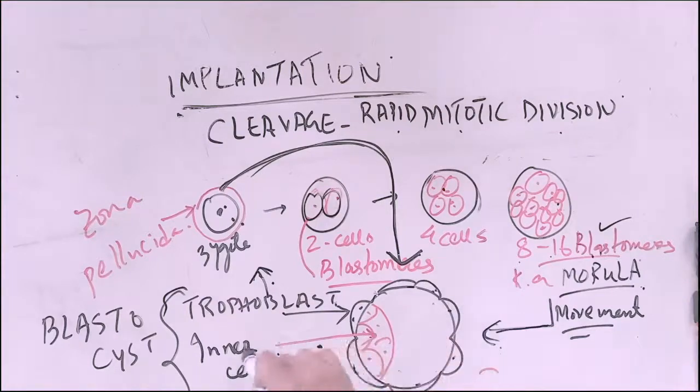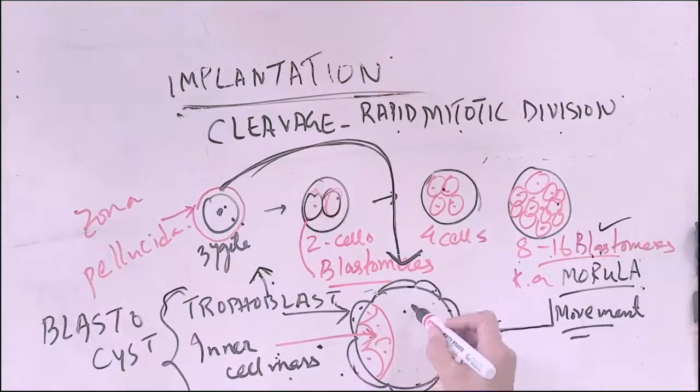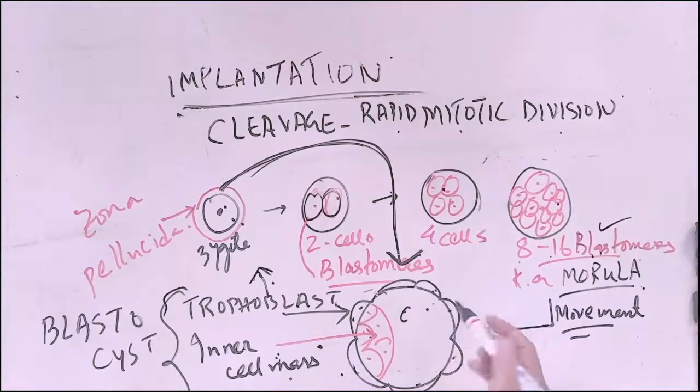The inside ones form the inner cell mass, and the outer layer is the trophoblast. Inner cell mass will form the embryo. There is a cavity, which is known as the blastocoel cavity. This will be the blastocoel cavity.